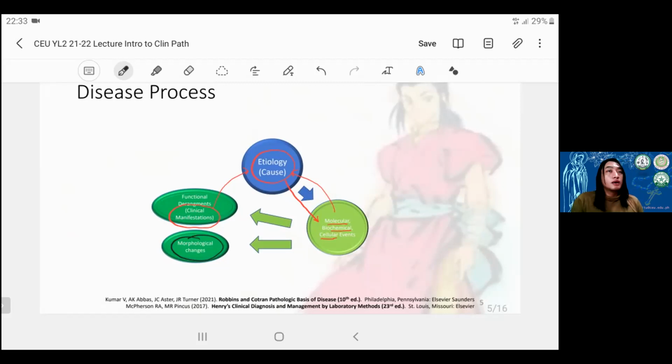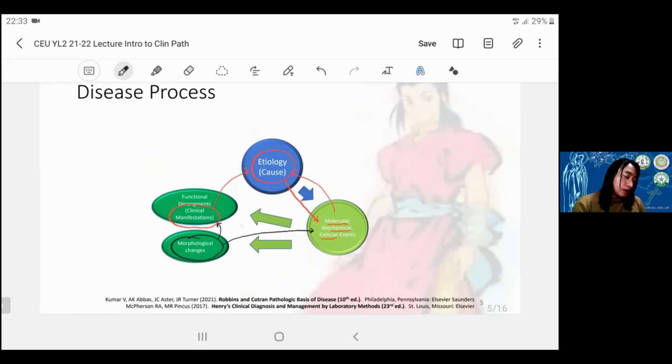And by observing or analyzing these changes, we try to correlate them with the signs and symptoms of the patient as well as the different laboratory tests or laboratory information that were given to us.